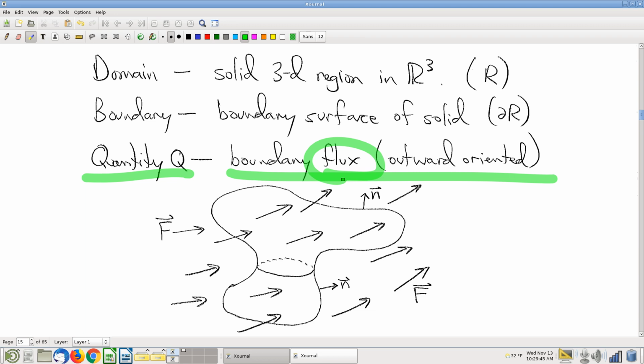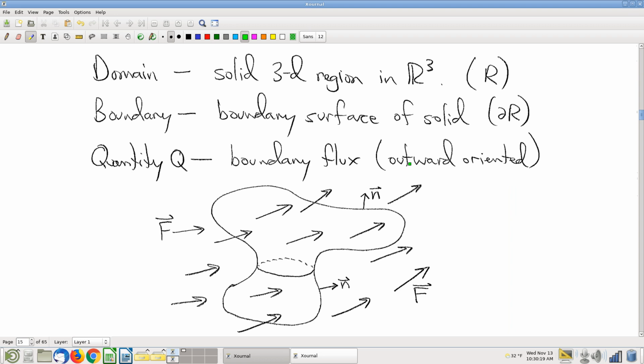Just to emphasize, I'll very often call this boundary flux. And of course, we have talked about fluxes through generic surfaces. Not every surface is a boundary of something. So it's a little ambiguous, I suppose, if I were to just say flux. But since in this context we're always talking about boundaries, sometimes maybe I'll just say flux, and it should be understood and implicit that, of course, I mean boundary flux. We're talking exclusively about boundaries. Okay.